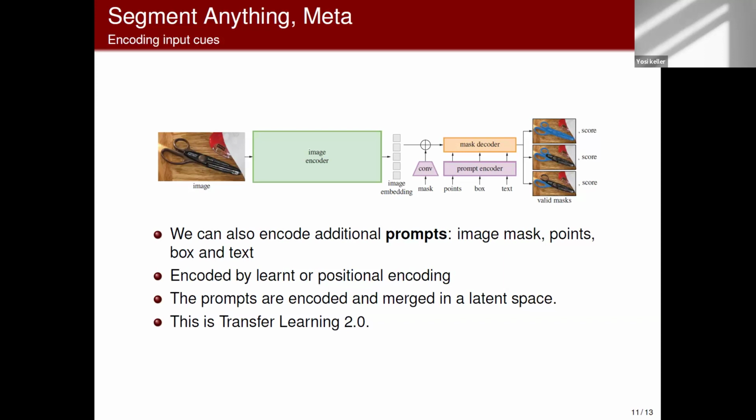This leads us to the second point, and that's the important one: all of these prompts are embedded in a latent space, and they are merged together. So there is a correlation between prompts. There is a nice example in one of the papers: there are two dogs, and the prompt is, I want to see the left dog. That is equivalent to saying, show me the dog, and clicking on the left, right? So in the latent space of the prompts, you can learn one prompt and then add another one.